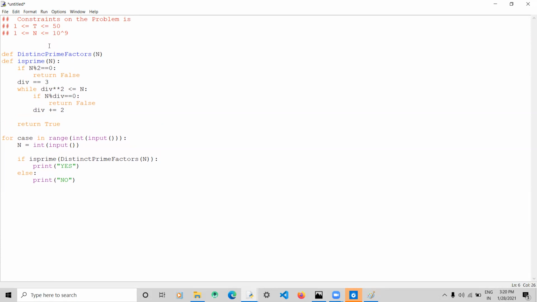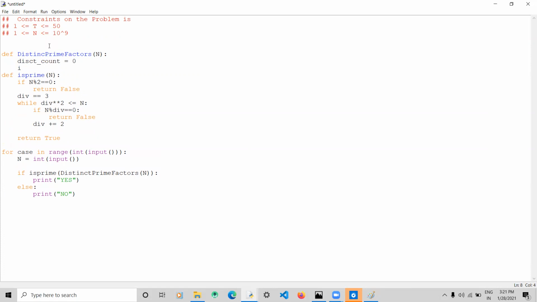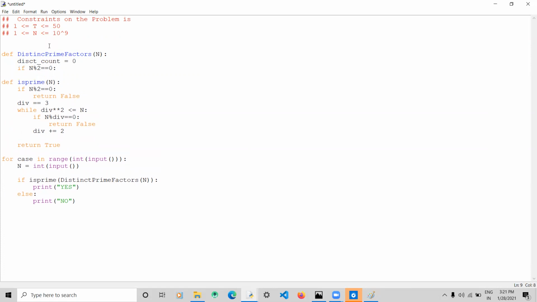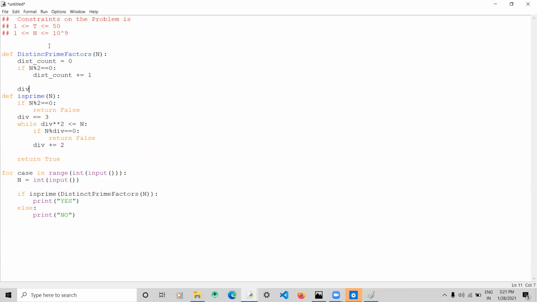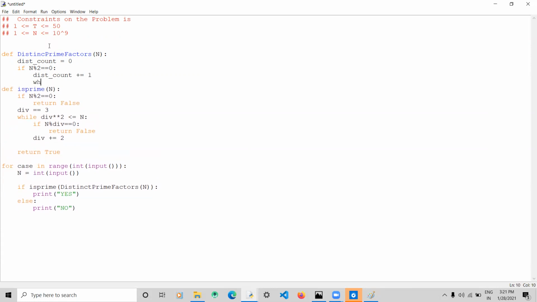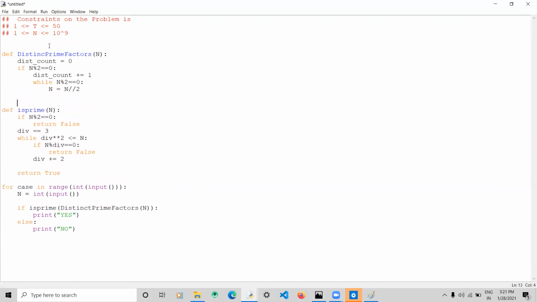We will use the same kind of logic here as well. We simply say distinct count. We will maintain the count. So if n was divisible by 2, we will change the count by 1, but first we will divide n by 2 as long as we can so that n is free of 2, and we do the same thing again.